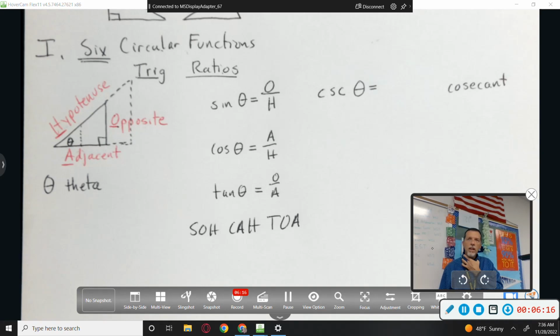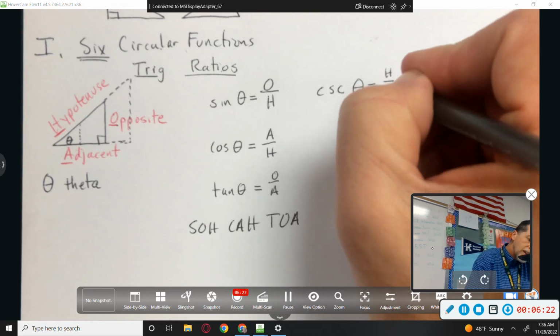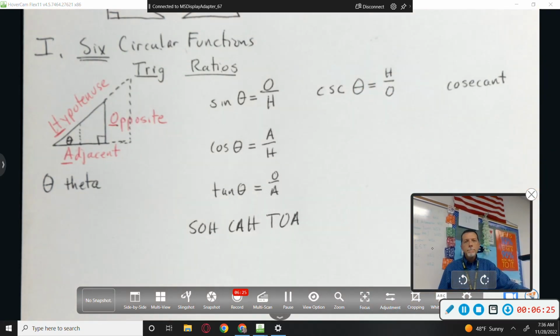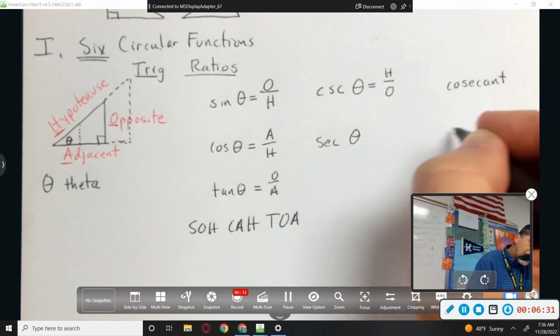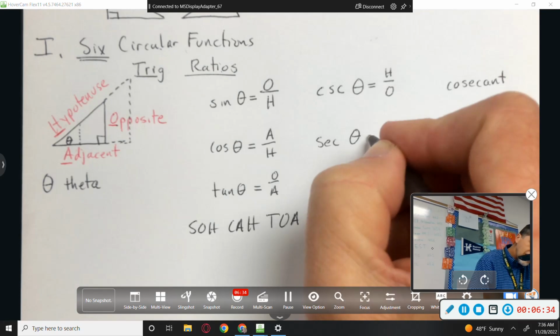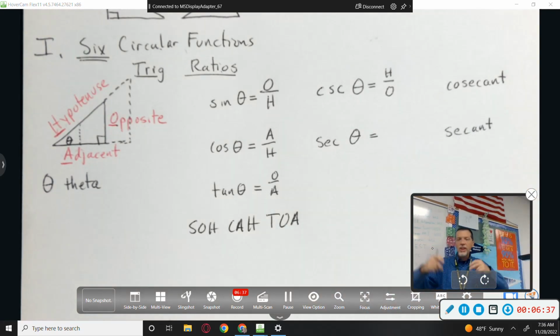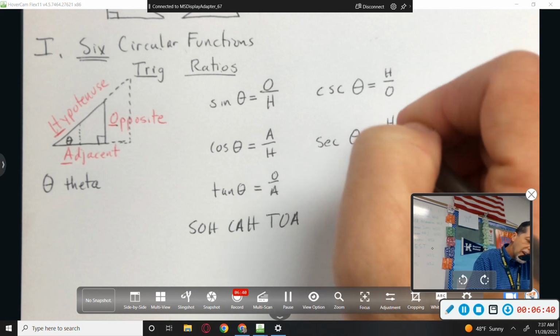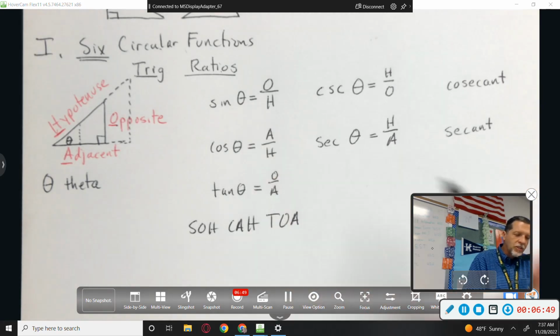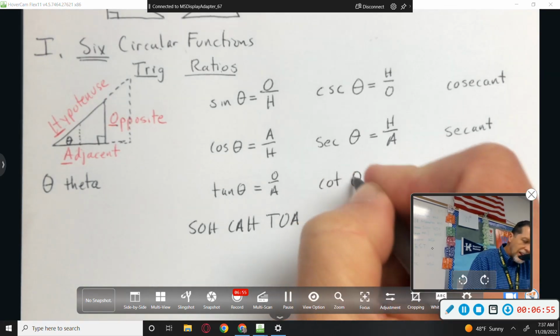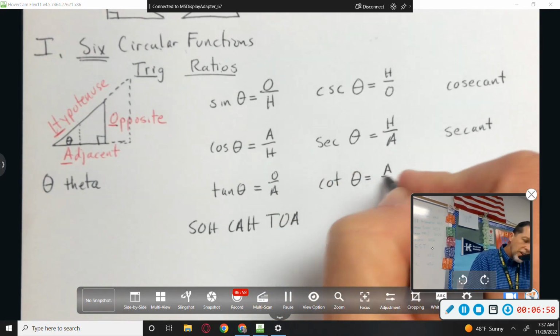Cosecant is just the flip, so H over O. And then SEC, secant, is the flip of cosine, H over A. And you know what the last one is? We got sine and cosecant, cosine and secant, tangent and cotangent is A over O, cotangent.